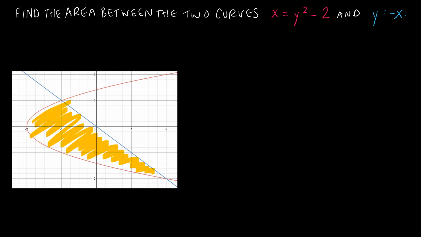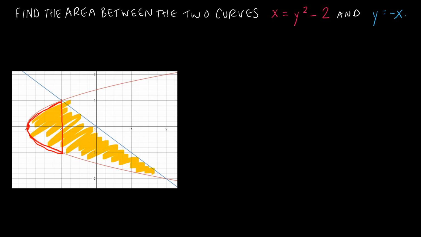Now, the reason that this one is a little bit tricky is because, if I'm integrating with respect to x, I'm going to have a region that goes essentially from here to here, which means I'd need a different top and bottom function.